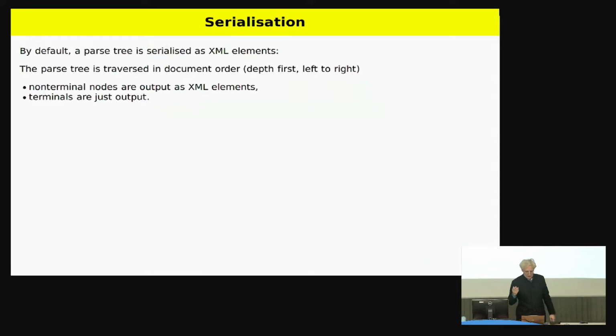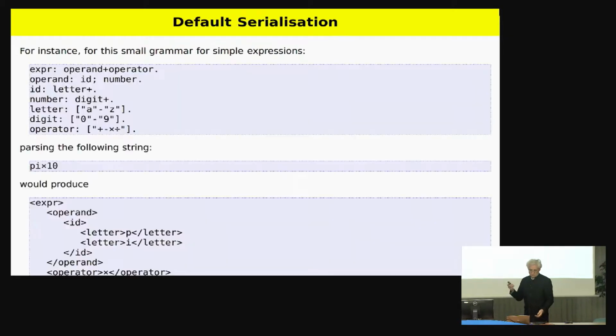Those are the two restrictions. So, as I already said, by default, the parse tree is serialized as XML elements without leaving anything out. So if you don't add anything more to the grammar, then you just get the parse of the document in its entirety as elements. Non-terminal nodes are output as XML elements, and terminals are just output straight.